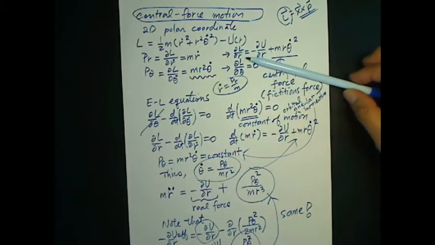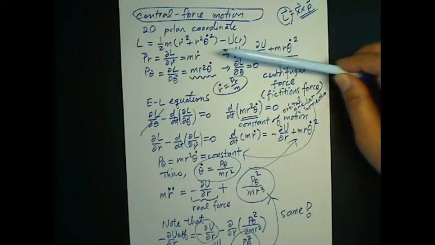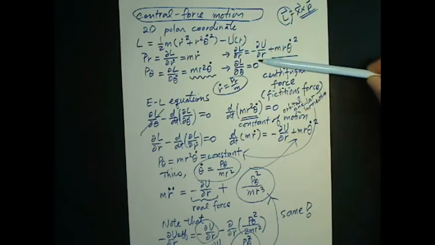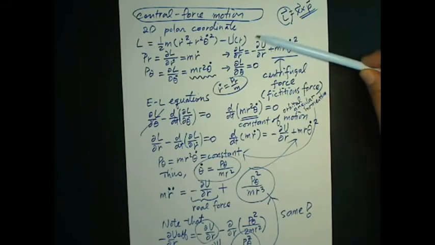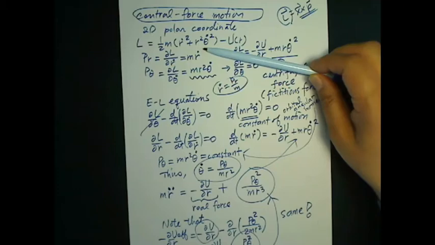We remember that the partial derivative with respect to r for this Lagrangian has the force contribution, actual real force coming from the potential energy, and the coordinate dependent contribution coming from the scale vector.